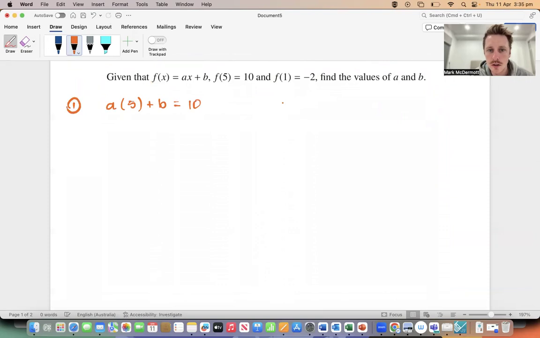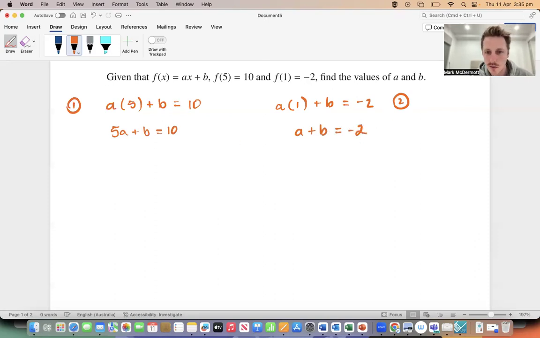And equation 2 is when x is 1, the whole thing is negative 2. So a times 1 plus b equals negative 2. It's equation 2. Okay, so this is 5a plus b equals 10. And this is a plus b equals negative 2.